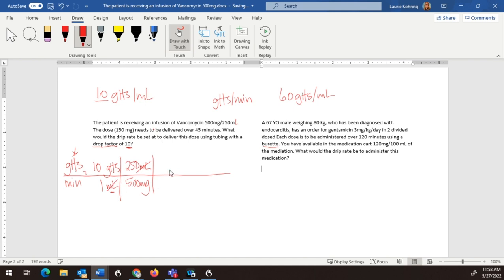I can cancel out my milliliters, and next is going to be 150 milligrams. And then this is tied to 45 minutes. We're giving 150 milligrams over 45 minutes.